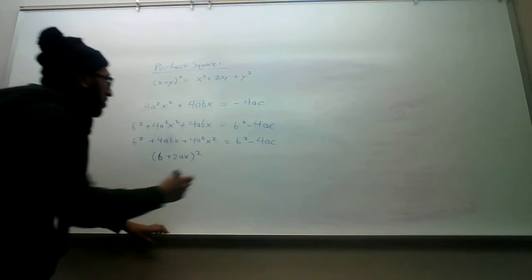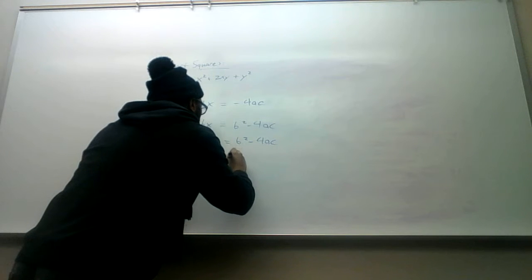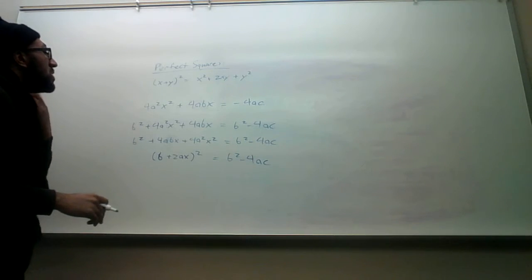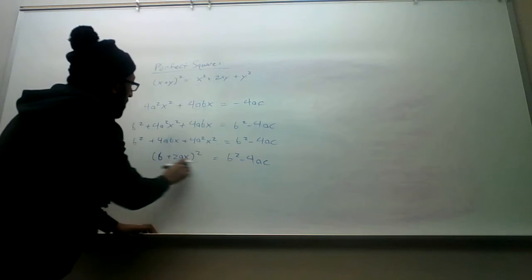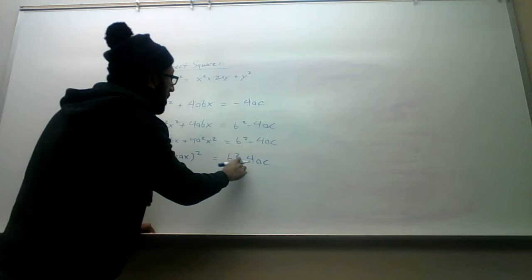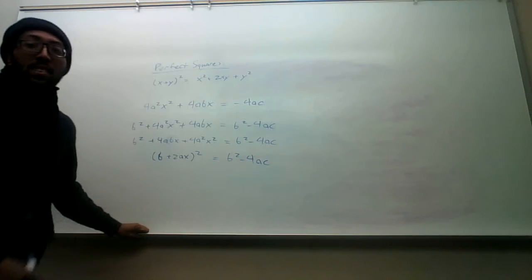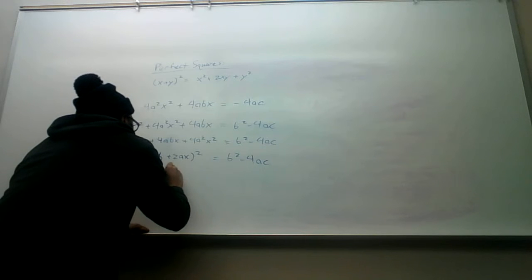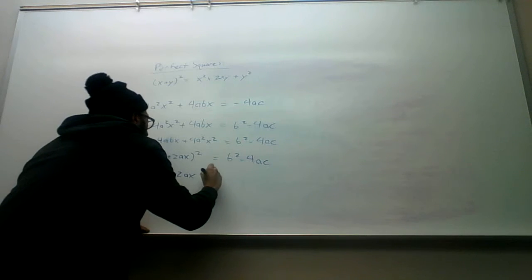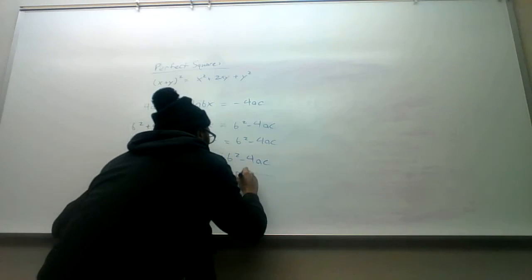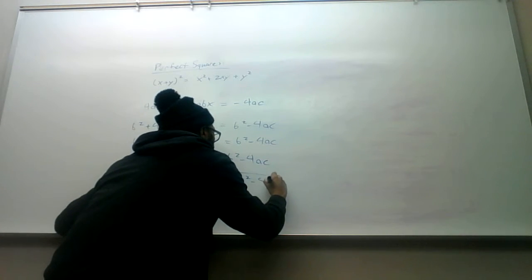What this allows us to do is further simplify the problem. As you can see here, now we have the quantity b plus 2ax squared is equal to b squared minus 4ac. Now we can take the square root of both sides. What that leaves is b plus 2ax is equal to plus or minus the square root of b squared minus 4ac.